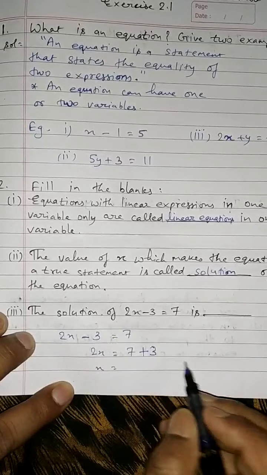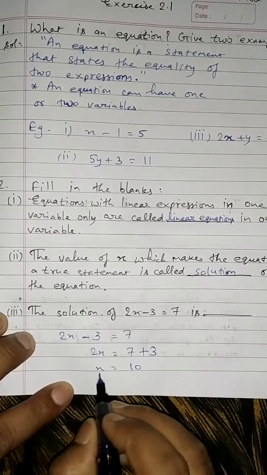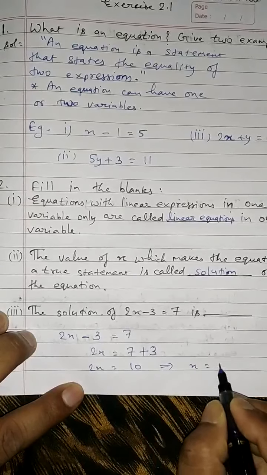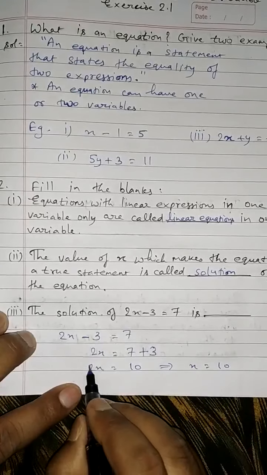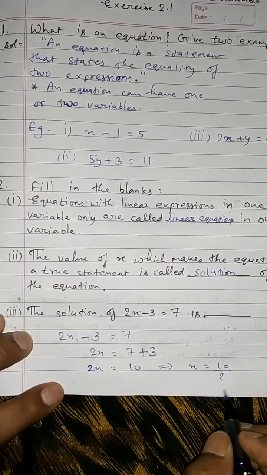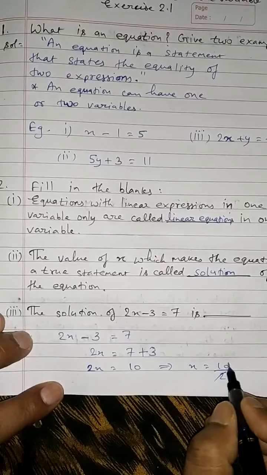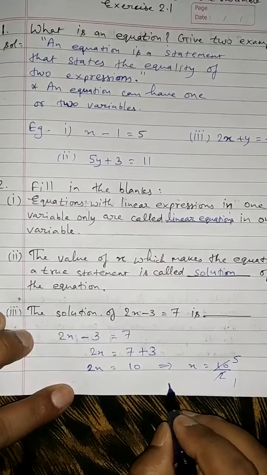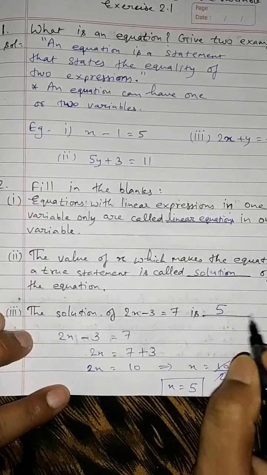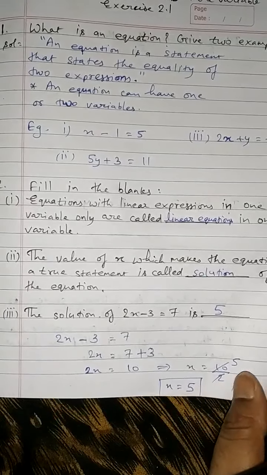So 7 plus 3 gives you 10, and 2 is being multiplied on the left side, so it will divide 10 on the right hand side. 2 ones are 2, 2 fives are 10. So the value of x is 5. So we will write here 5.